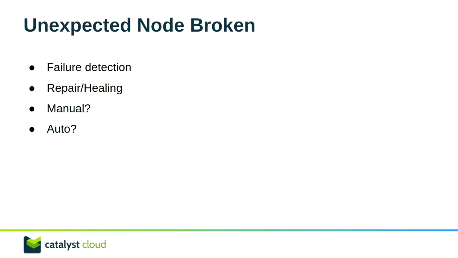But we also want to open source it and support all the other cloud providers. So technically, we would like to make the repair and healing pluggable to support different cloud providers. And the third thing we think about is manual or auto. Actually, there is just one answer. We want auto, just auto heal. All the failures can be detected during the journey.